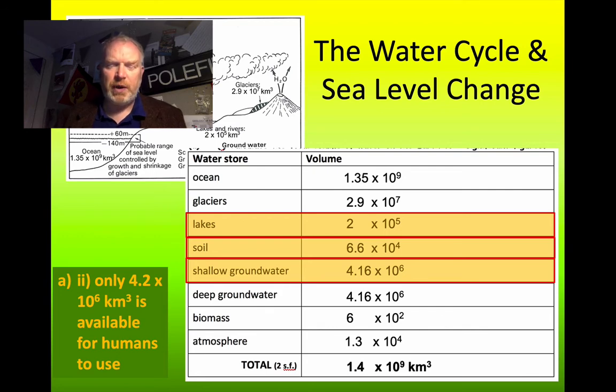We could also perhaps add in the atmosphere, because we do eventually get that falling as rain. But that's really what we have. So out of that 1,400 million cubic kilometres of water, we get 4.2 million cubic kilometres that we can use. Perhaps it's not a lot. We'll come back to that idea a little bit later on.